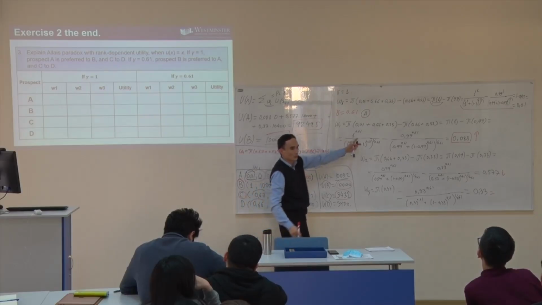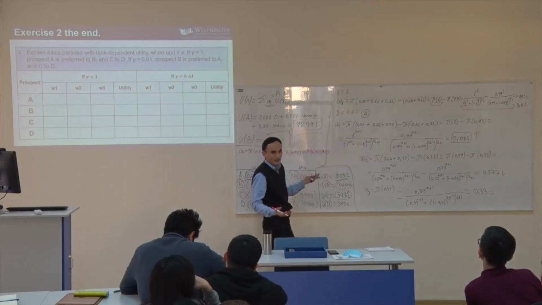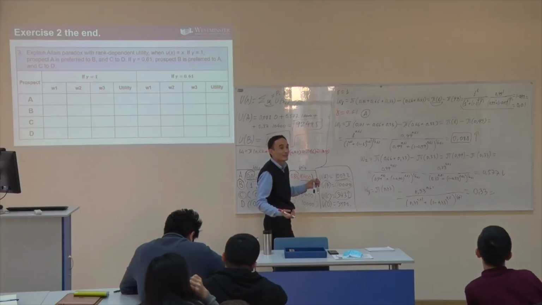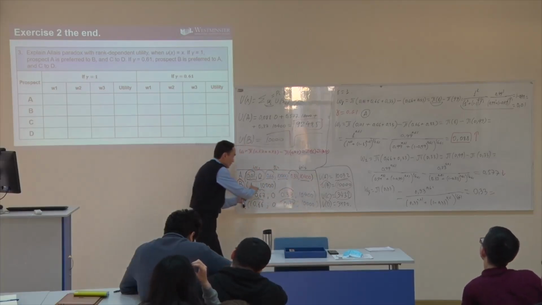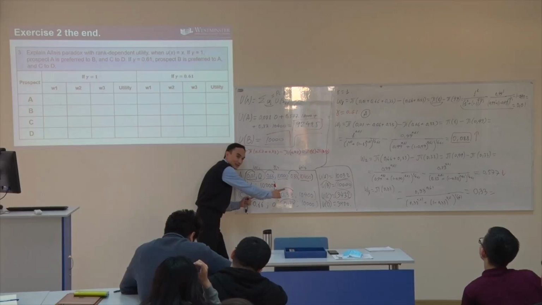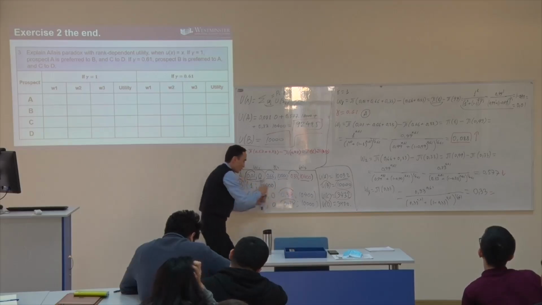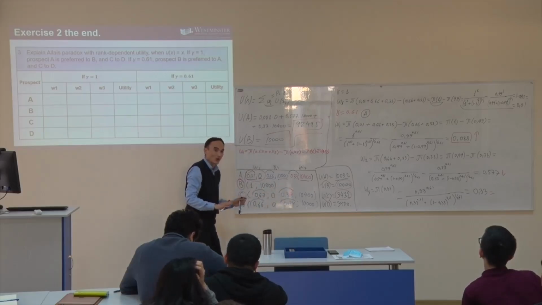Exactly like this one, you will put powers of 0.61 and calculate. Easy, right? From the worst case. Yes, this is the most important thing: from the worst case to the best case. If you make it opposite, then your answers are wrong.